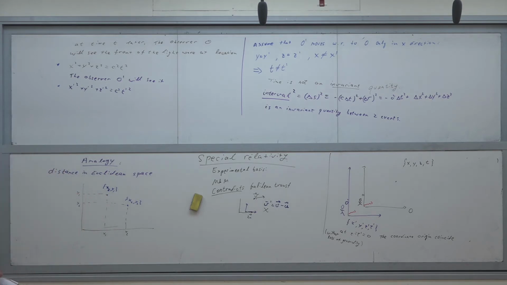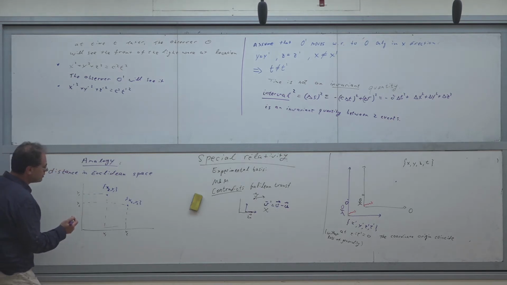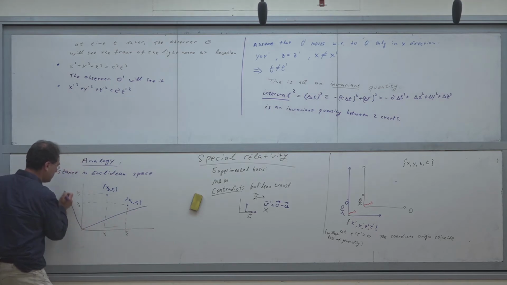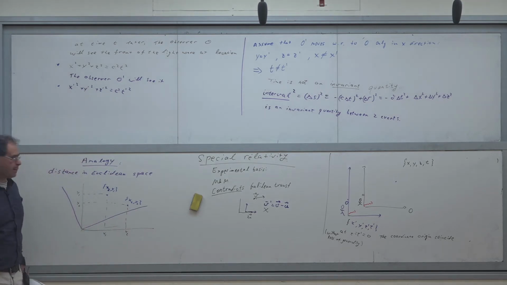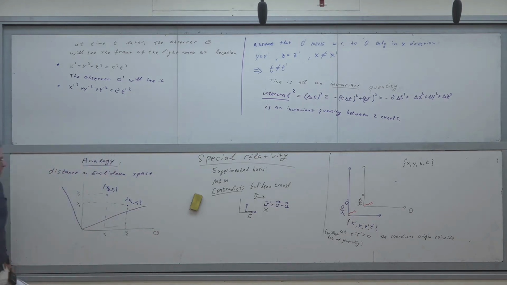Now I have a second observer whose frame is, let's say, rotated with respect to the first one. So this is the frame O, and this is the frame O prime.